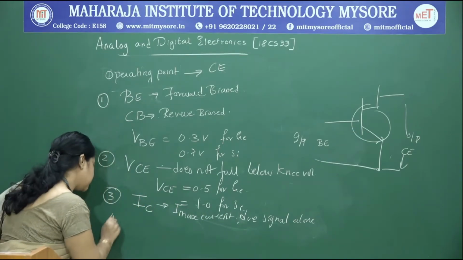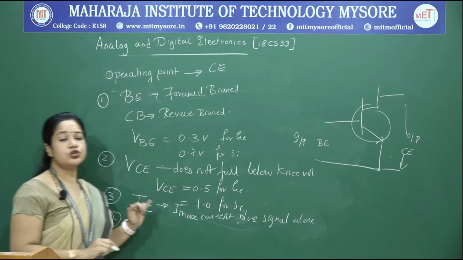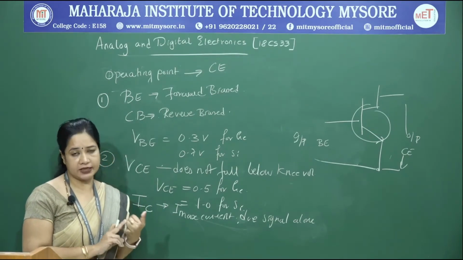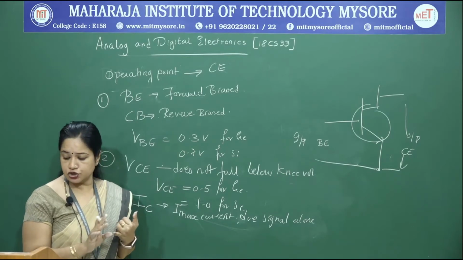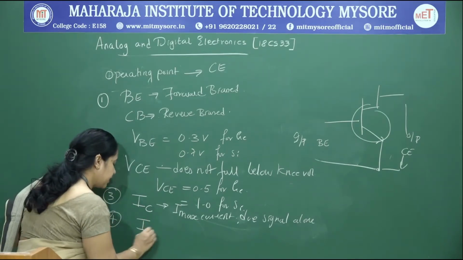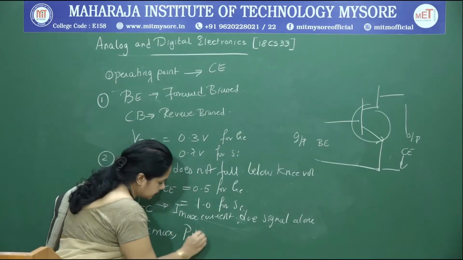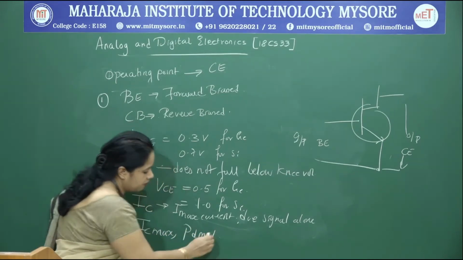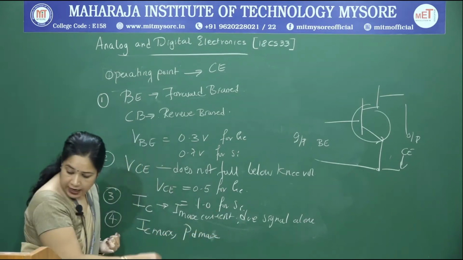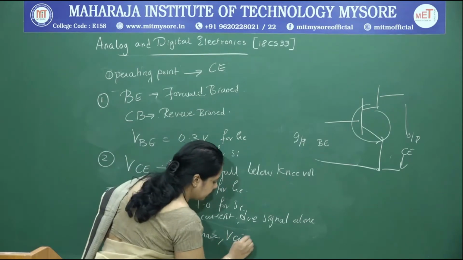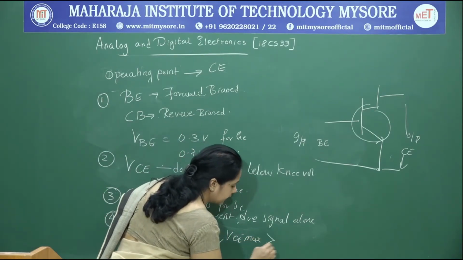And apart from this, very important is, you should see to it that your transistor maximum ratings are not exceeded. You should see to it that the maximum collector current, IC max, the maximum power dissipated in the transistor, and also VCE max, that is collector emitter voltage, do not exceed.